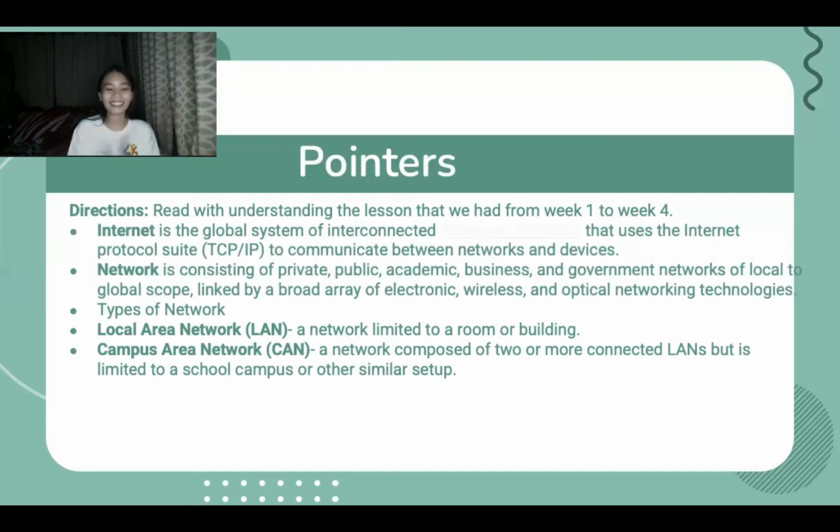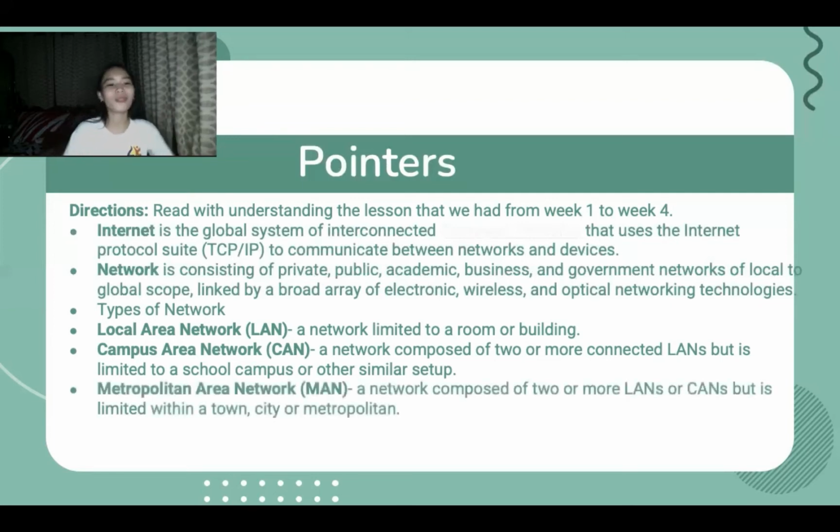Got it? Okay. Next, the bigger one is called the metropolitan area network. When we say metropolitan area network, it is a network composed of 2 or more LANs or CANs, but limited to within a town, city, or metropolitan. Let me give an example, class.